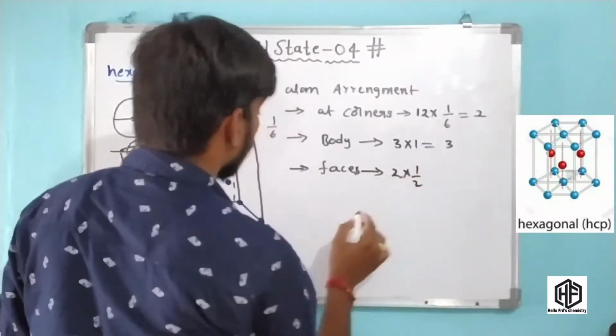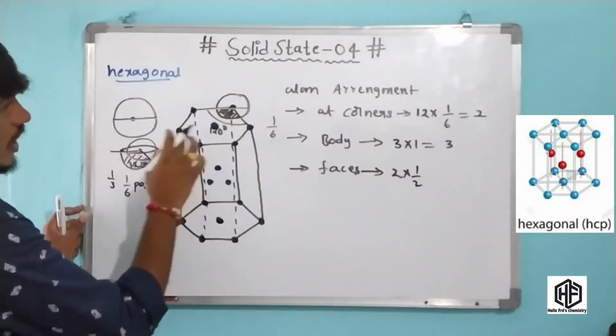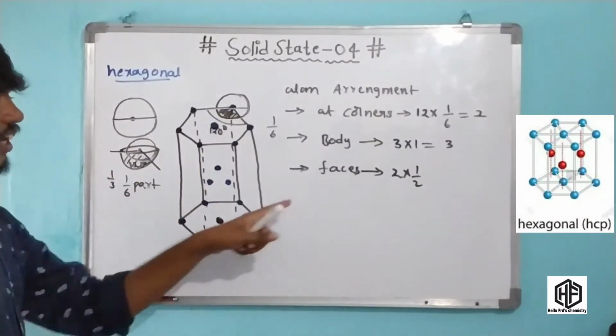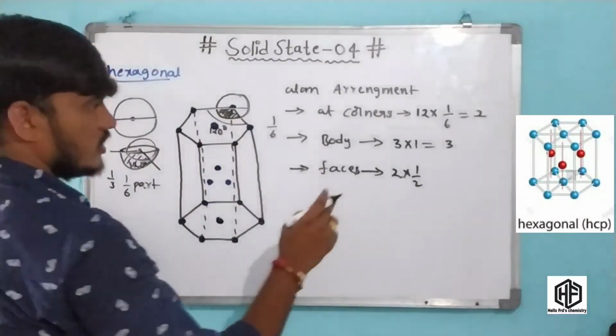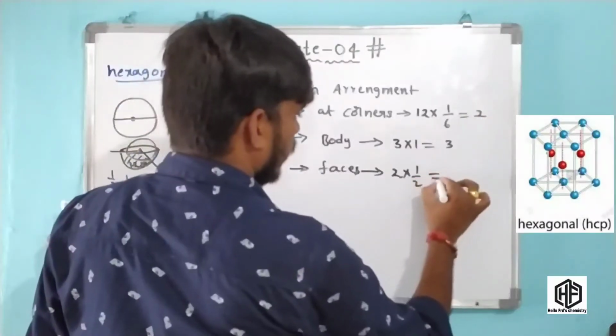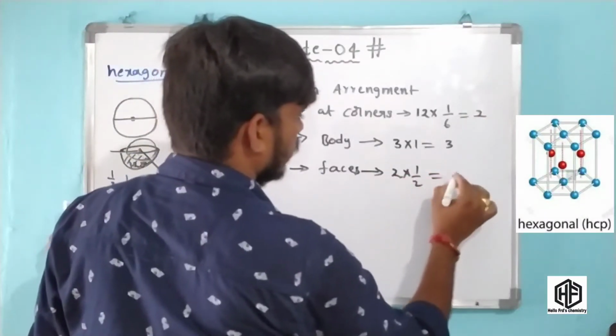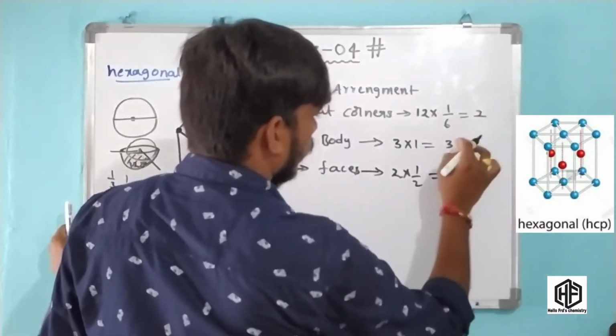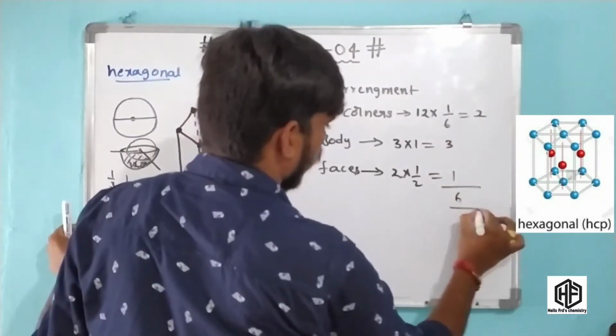Half part is the contribution of the atom in the hexagonal unit cell with respect to faces. This is 2 into half is 1, and finally 2 plus 3 plus 1 is 6, okay friends.